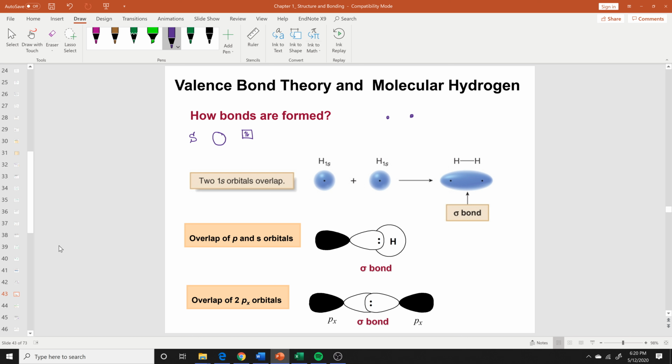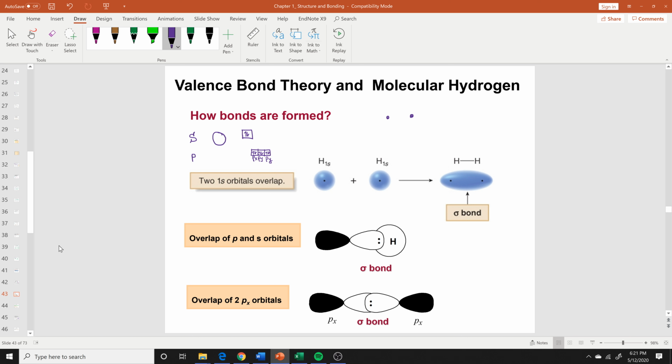With respect to the p orbital, the p orbital is made up of 3 subshells, and each subshell has a capacity. When I say they have a capacity, this doesn't mean that they should have that number of electrons, but they have a capacity of 2 electrons in there. You have the px, you have the py, and you have the pz.